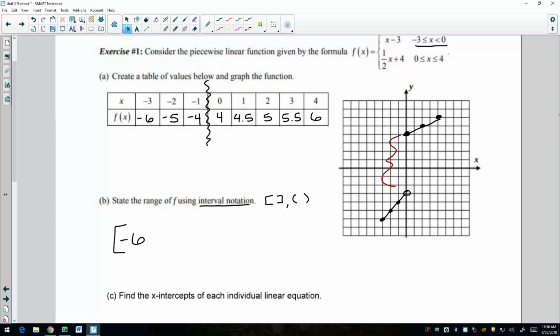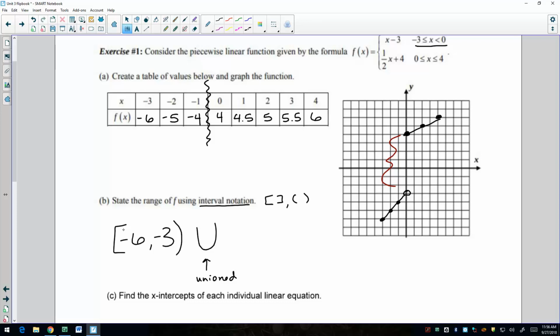So you need to write two parts to your range. You're going to write that your range goes continuously from -6 up to -3, but it doesn't include -3, so make sure you put the curved parentheses around it. And then we use this U-looking symbol. It means union.